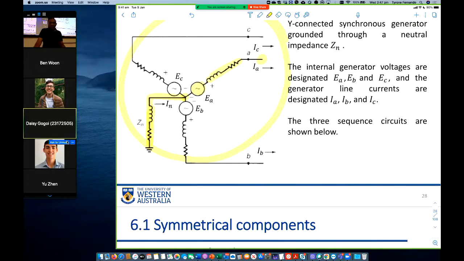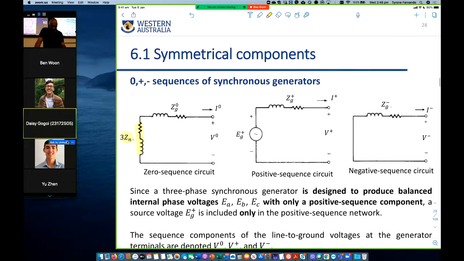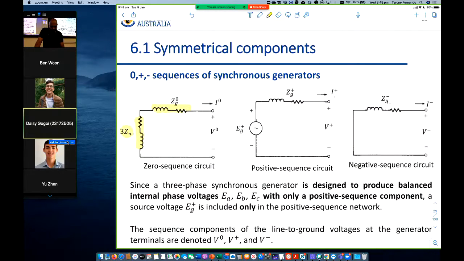If there is no path, zero sequence current can't flow, and there will be an open circuit like we saw in the delta network, because if there is no path, that means that Zn is infinite. So that's an open circuit. Then the zero sequence network needs to have this impedance here, the impedance of the generator, plus 3 times Zn.